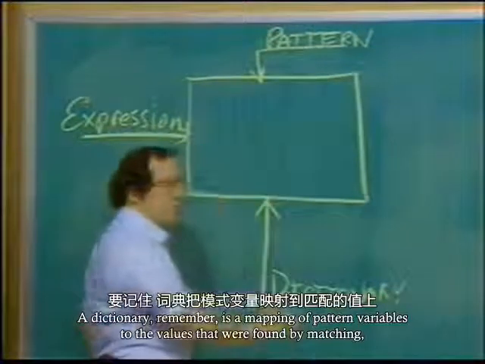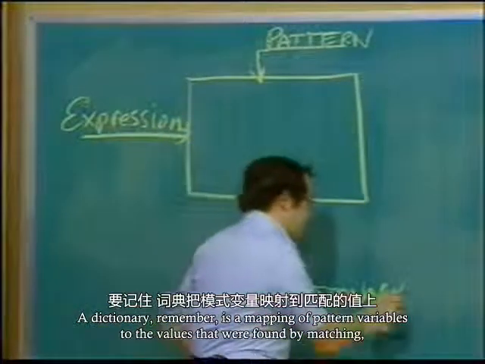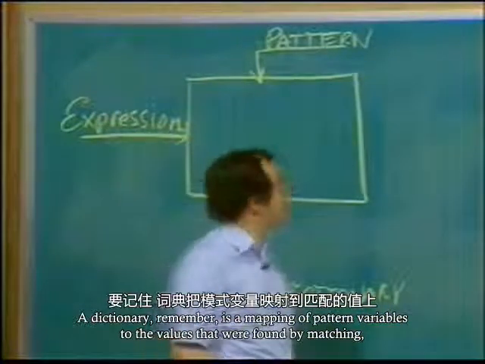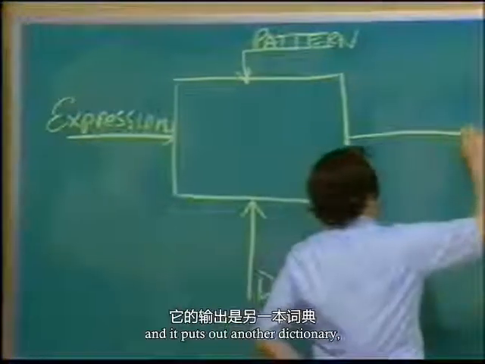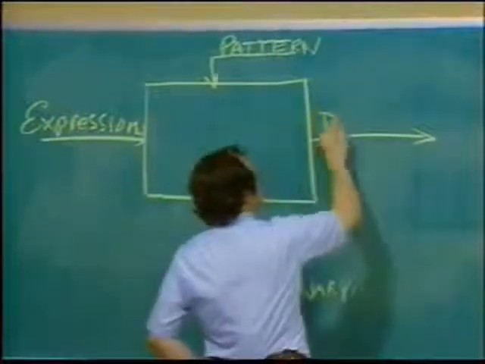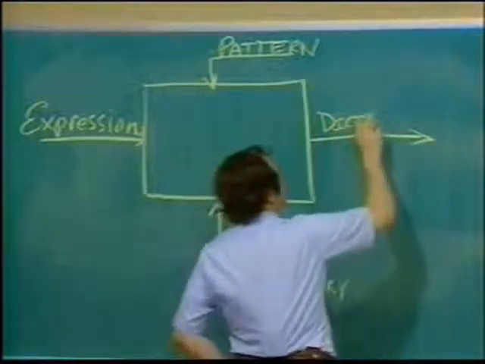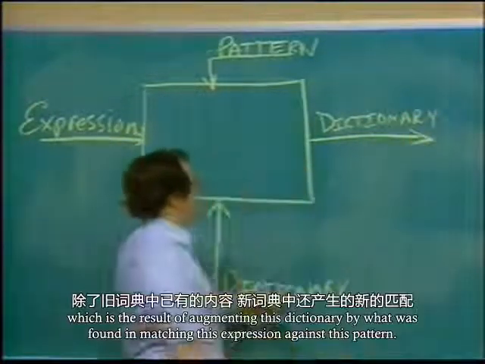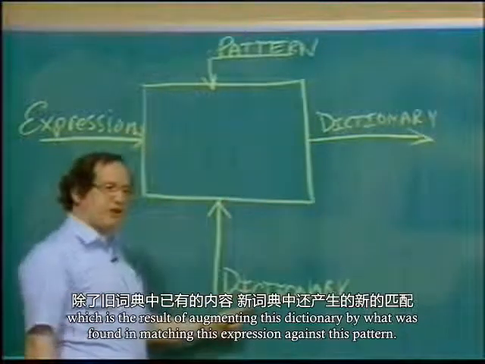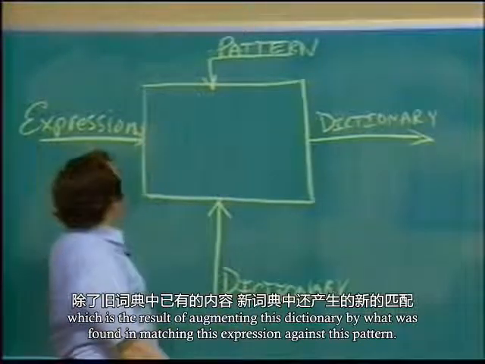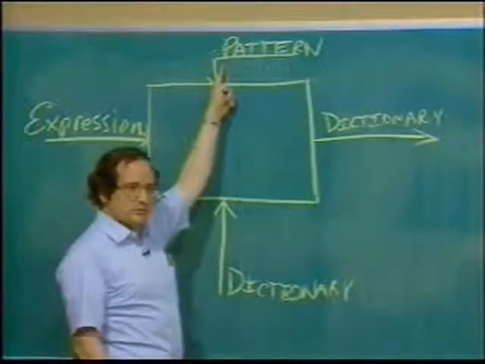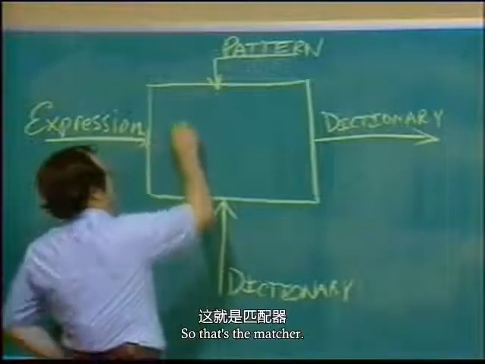A dictionary, remember, is a mapping of pattern variables to the values that were found by matching, and it puts out another dictionary, which is the result of augmenting this dictionary by what was found in matching this expression against this pattern. So that's the matcher.